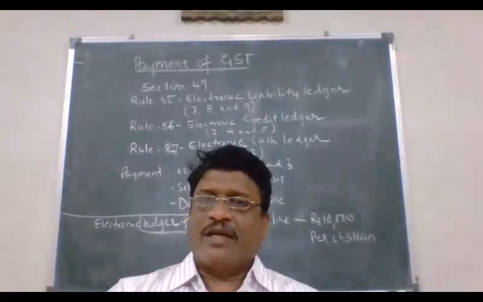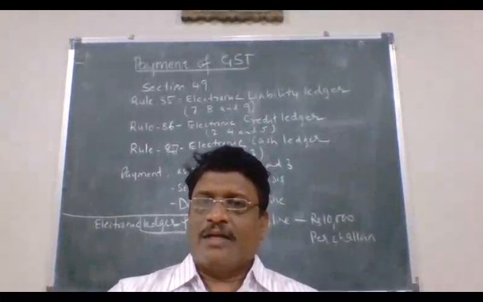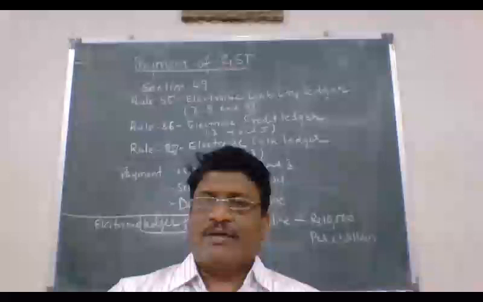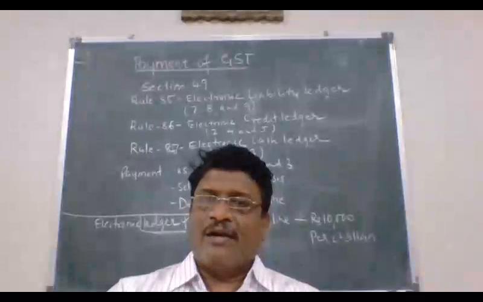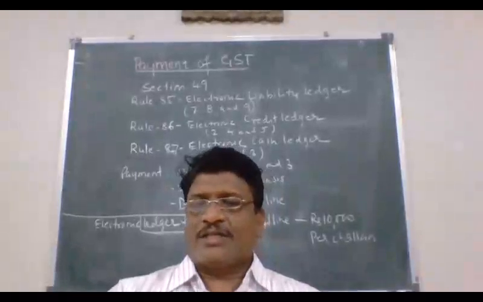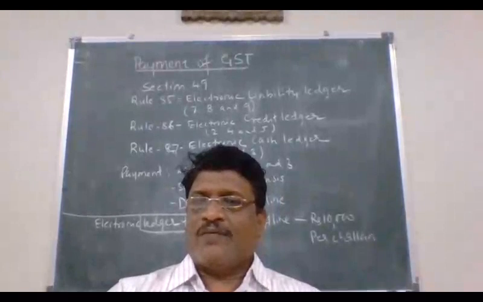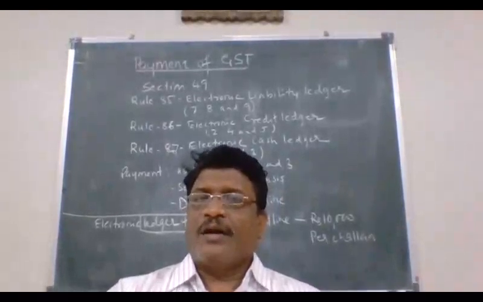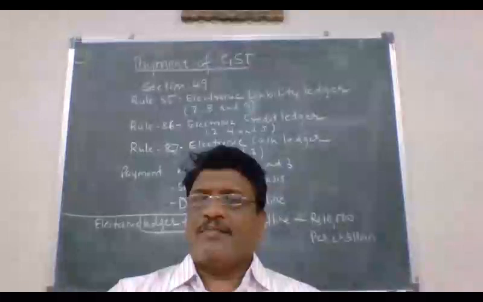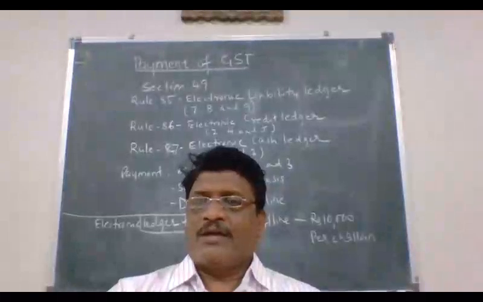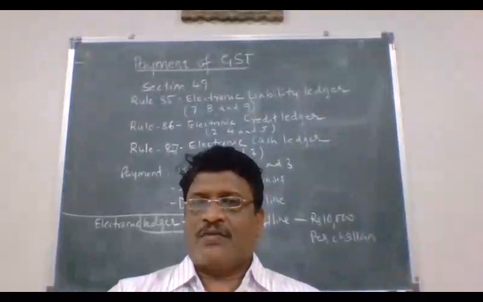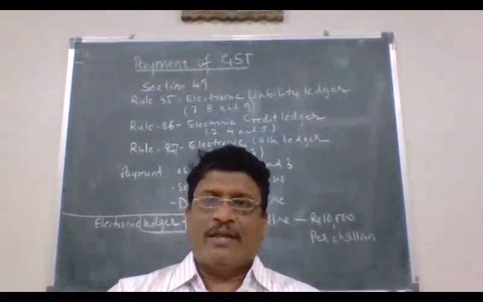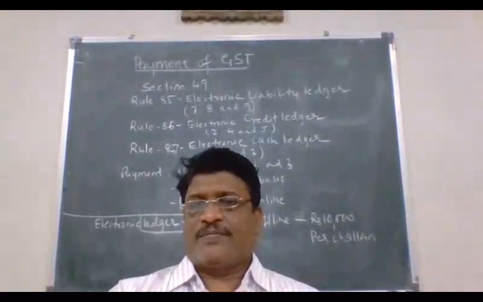Section 49 and the rules of Chapter 9 of the CGST Act go hand in hand to explain the payment of GST. Rule 85, Rule 86, Rule 87 also explain the payment of GST. Section 49, subsections 1 to 9, also deal with the payment of GST.